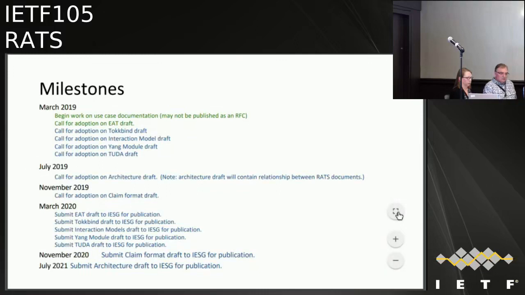I wanted to confirm that with the group. Does anybody object if we just drop it from our work items? We're just not doing it. Okay, so if you have objections, let me know, but since we haven't adopted it, it's not anything that we need to take to the list.